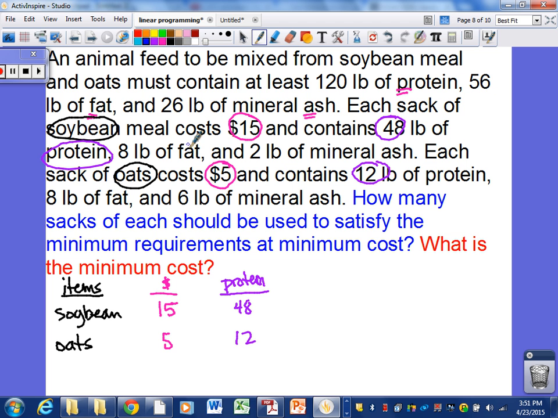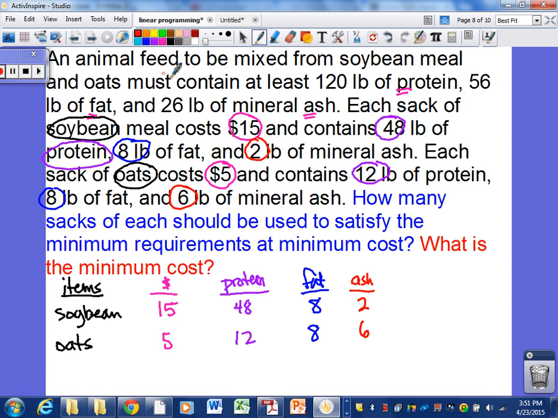We have some fat, so 8 pounds of fat. And down here, another 8 pounds of fat in our oats. And then our last variable is going to be the ash. So we have 2 pounds of ash in the soybeans, and we have 6 pounds of mineral ash in the oats.